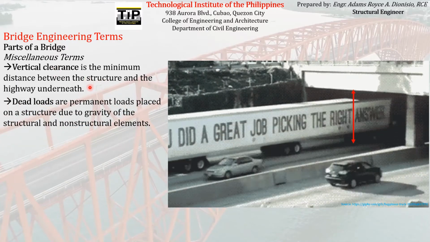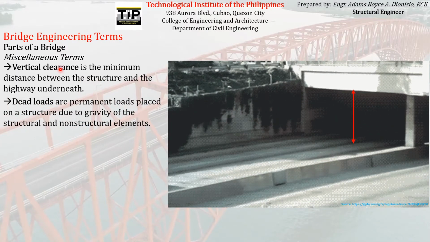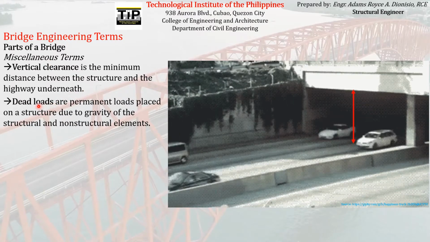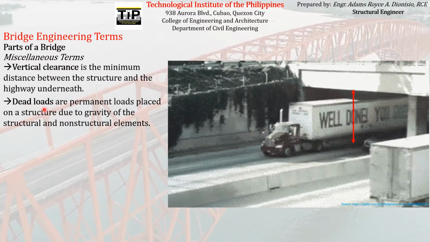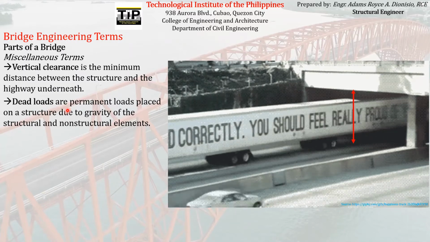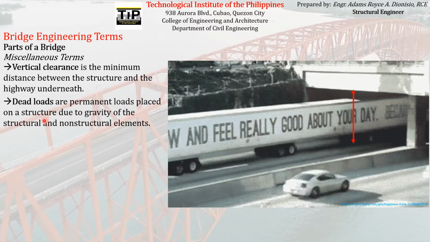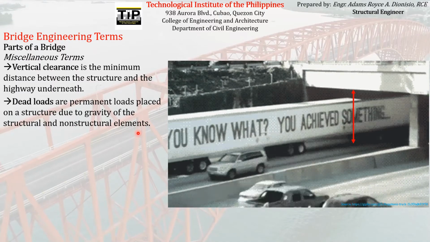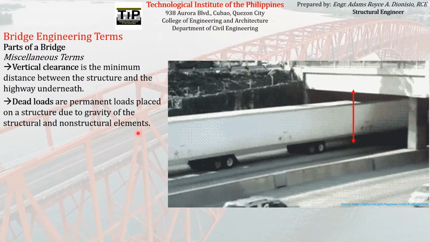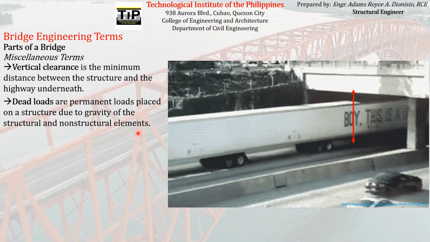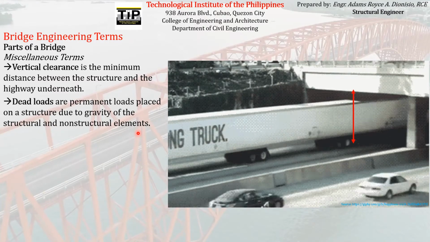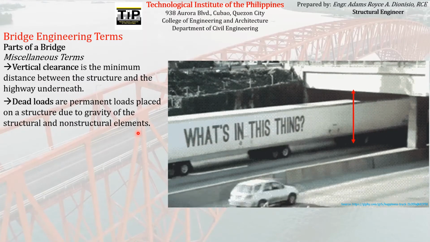Another miscellaneous term that describes a part of a bridge is what we call dead loads. Dead loads are permanent loads placed on a structure due to gravity of the structural and non-structural elements. These dead loads are actually part of the bridge that are fixed in position.